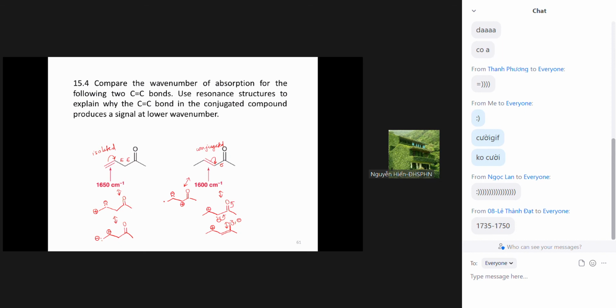They contribute much or little? So I think these 2 resonance structures are very unstable, because you always have a positive charge on carbons. Positive charge on carbon indicates that it has an incomplete octet.